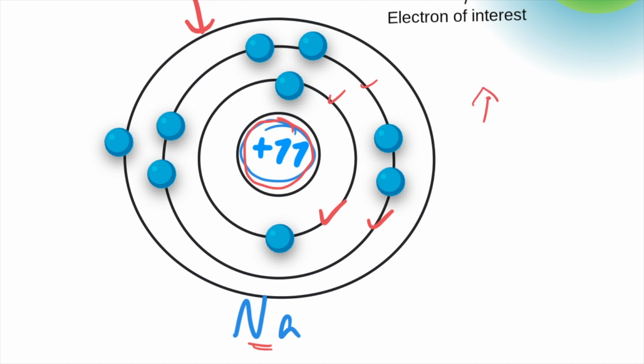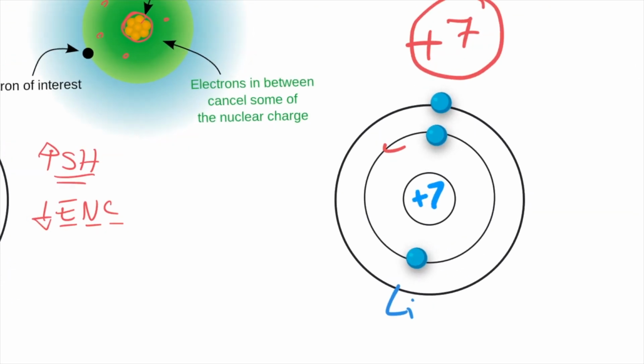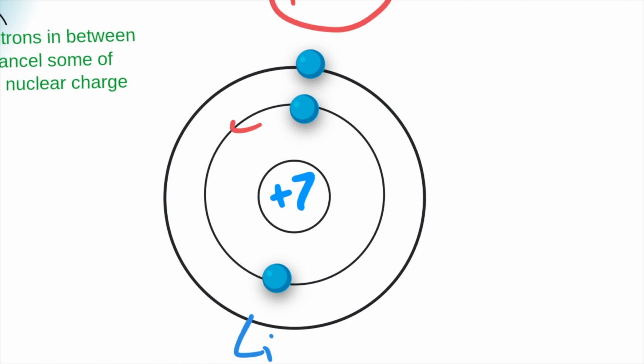So the greater the shielding, SH, the lower the effective nuclear charge, ENC, effective nuclear charge, right? So again, lithium has greater effective nuclear charge than sodium despite having fewer protons.